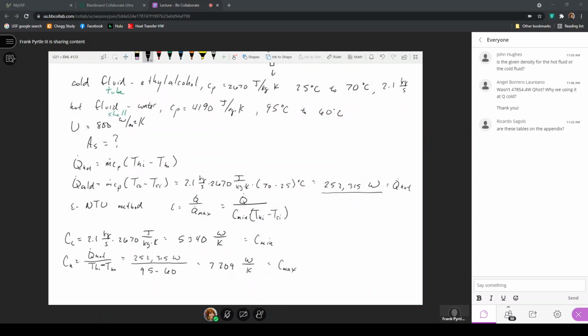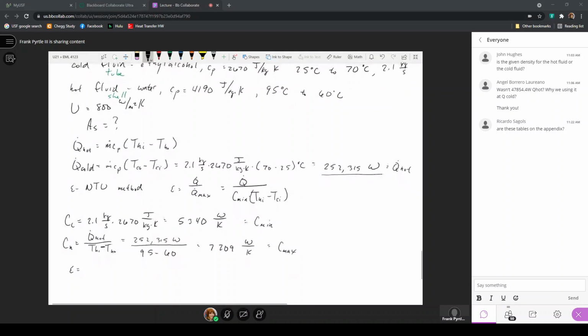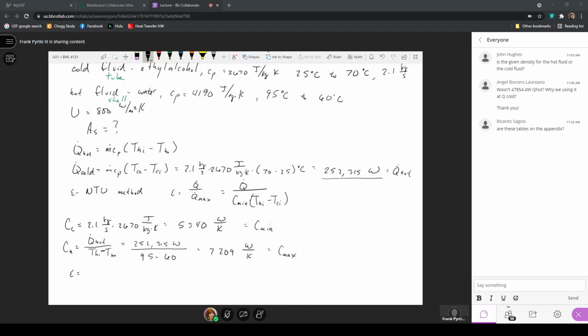So here the effectiveness can be defined for this heat exchanger, and that is the heat transfer rate of 252,315 watts divided by the minimum capacity rate here, which is 5,340 watts per Kelvin, times T hot in minus T cold in. The hot inlet temperature was 95 degrees. The cold inlet temperature was 25 degrees.